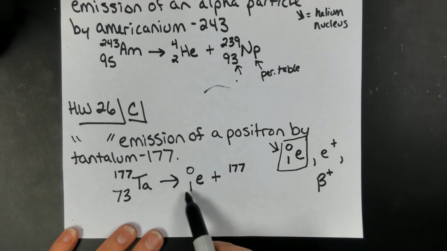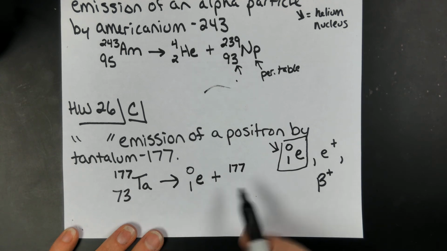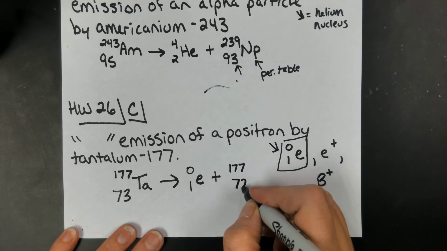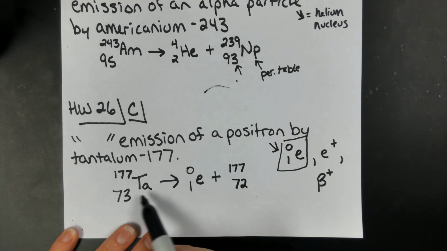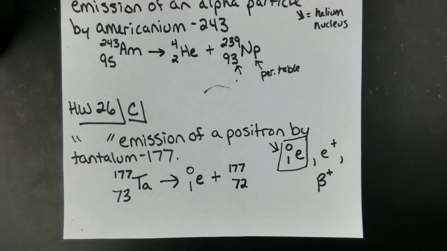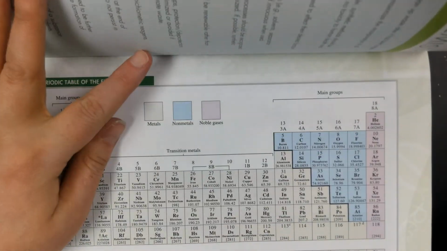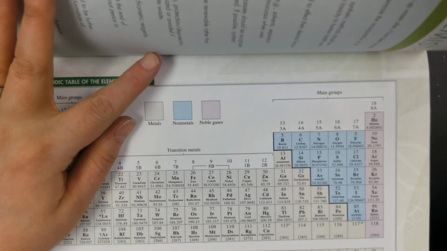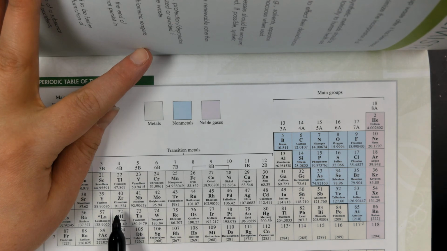The number of protons, right? So it goes from 73 and it loses one, so it has to be 72. You could double check because 72 and 1 total up to 73. So what element has 72 protons? There she is, hafnium. Hf has 72 protons.